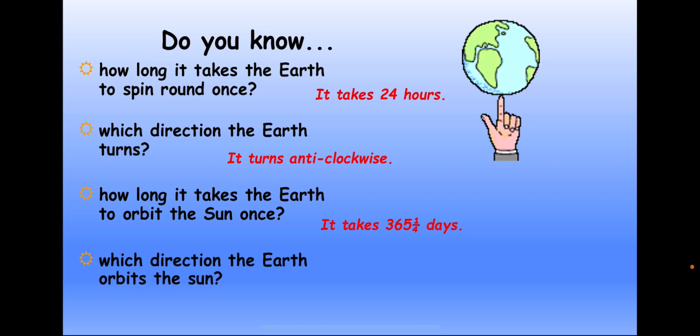Which direction does the earth orbit the sun? It turns anti-clockwise. As you know, the earth always turns anti-clockwise. So when it spins and when it orbits around the sun, it moves anti-clockwise.